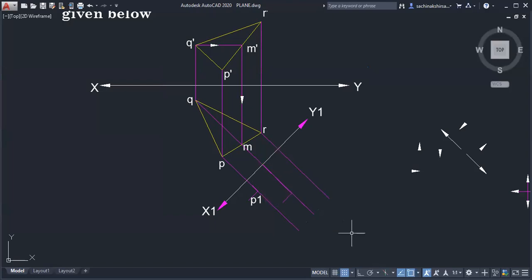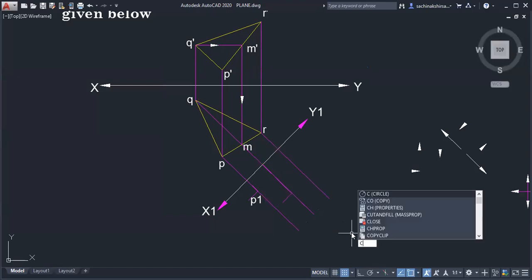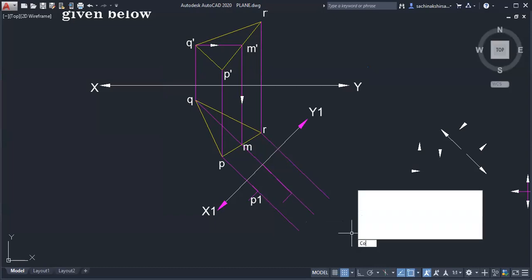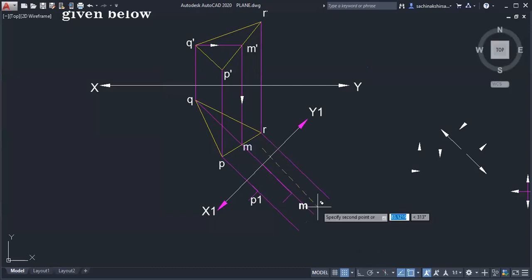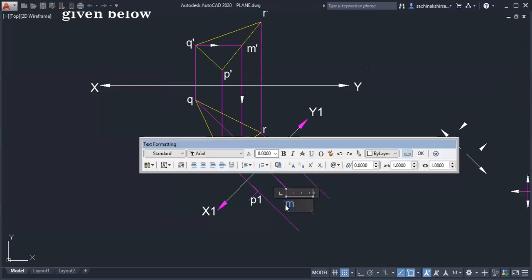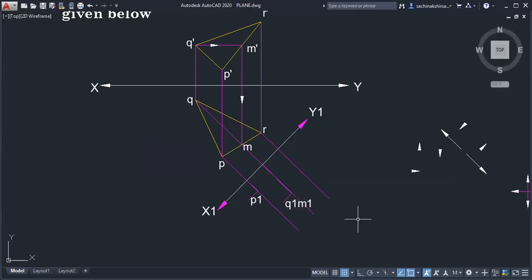Here there will be 2 points which will come at 1 point only. Which will be those 2 points? Q1 and M1. Okay. Next, which point is remaining right now? R1. So that distance you are going to take from which point again?